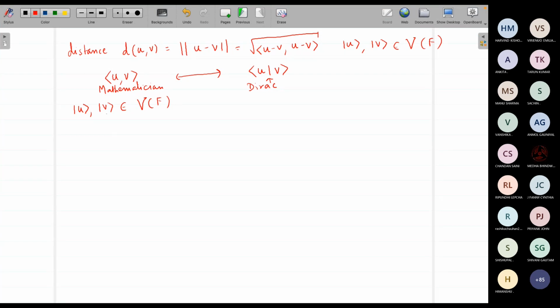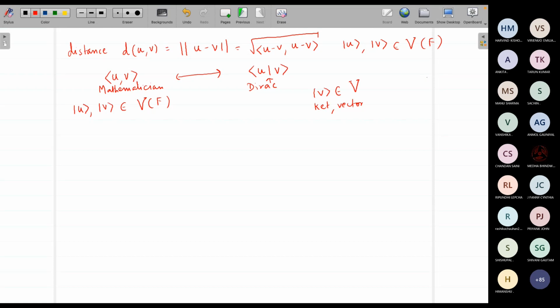So we have vectors. The two vectors belong to the same vector space. Whereas in the Dirac notation, this v of course belongs to this vector space, and it's common to call this a ket. Now it's of course a vector. You can call it a vector, you can call it a ket. In the Dirac notation, we call it a ket, and in fact that notation is borrowed in mathematics also, and in several books you will see that these vectors are written as kets.